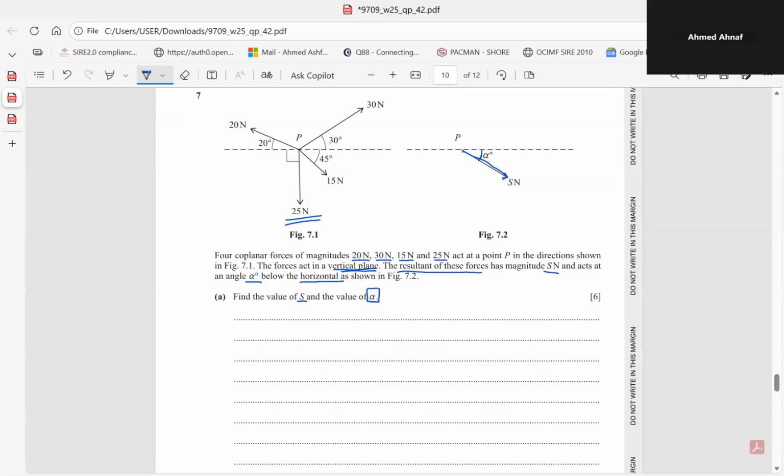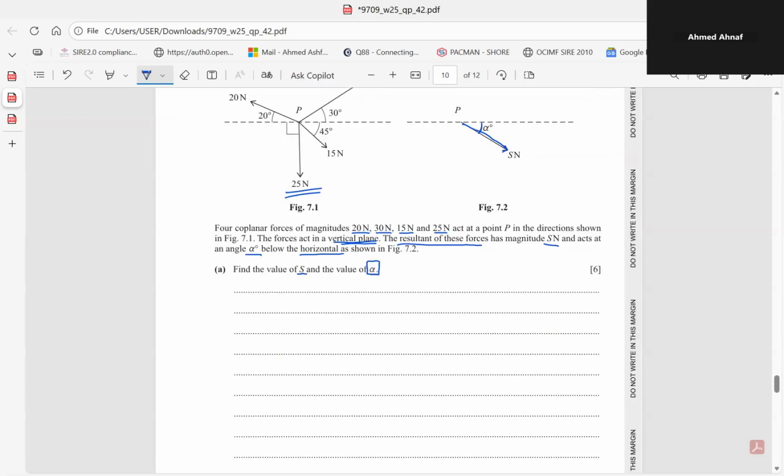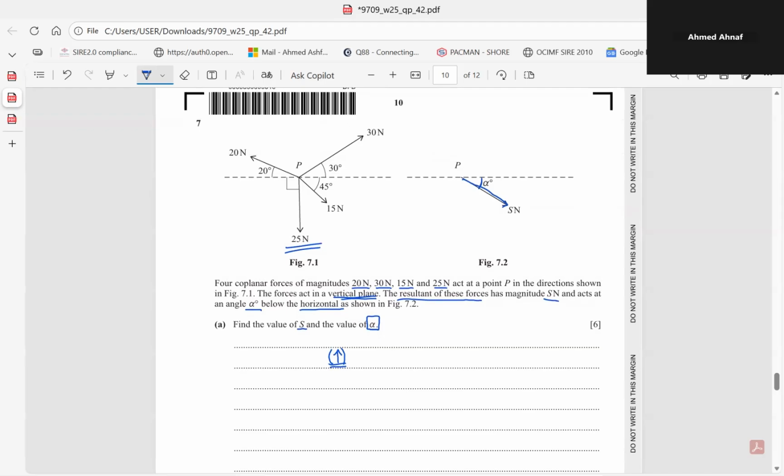To find any resultant force, you work step by step. We find the vertical resultant force first. So let's find all the vertical forces.